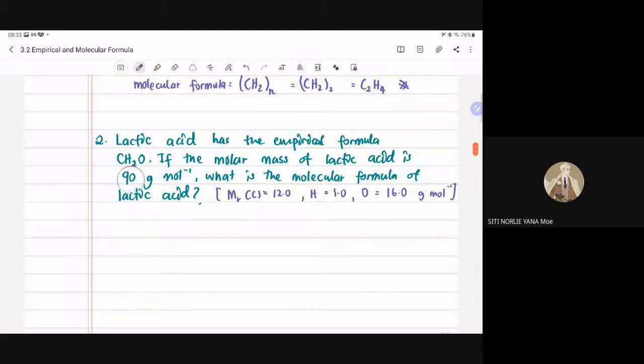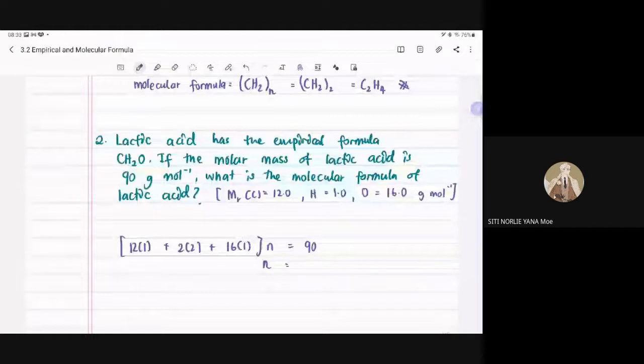So, kita tengok dia punya nak kira dia 12 ada 1, tambah 2 ada 2, tambah 16 ada 1. Darab dengan N sama dengan 90. Okay, N sama dengan 90 bahagi 12 tambah 2 tambah 16.